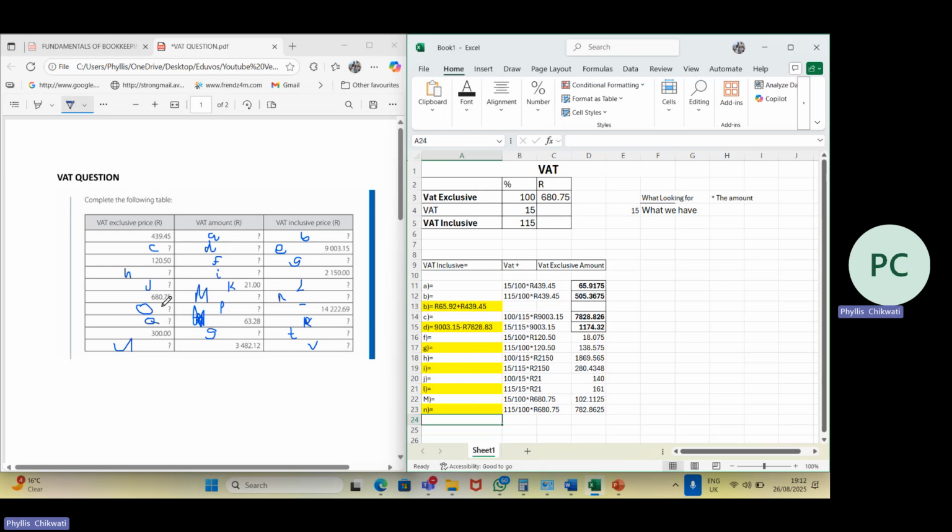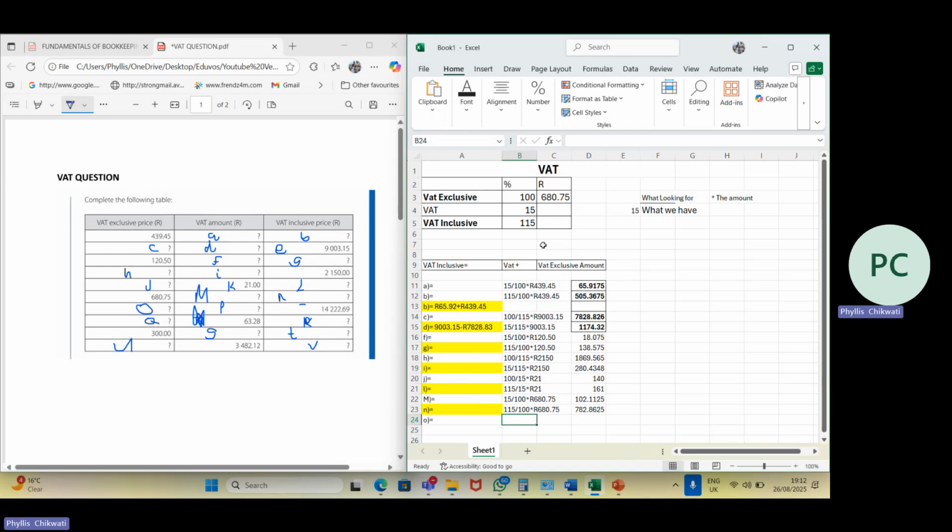Then let's move on to the next one. We don't have the VAT exclusive amount. We don't have the VAT portion. And we only have the VAT inclusive amount. Okay. So how do we do that? So we're going to say our O. Our O will be equal to our VAT exclusive amount.